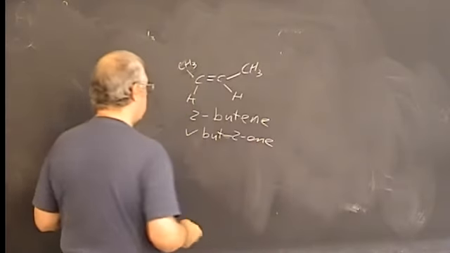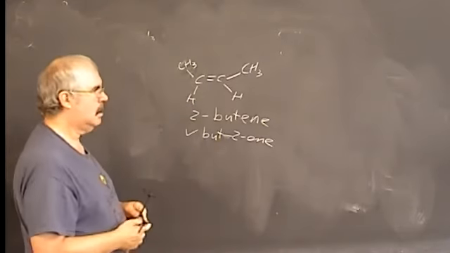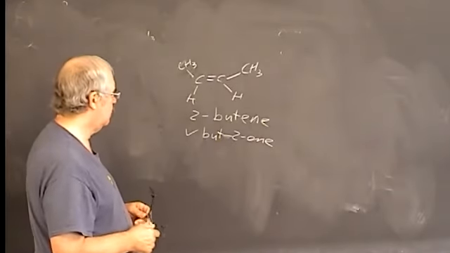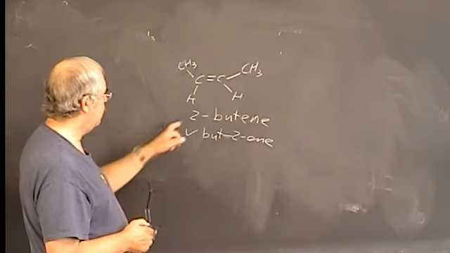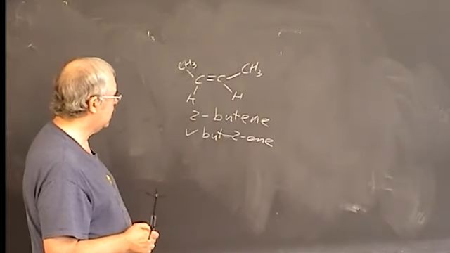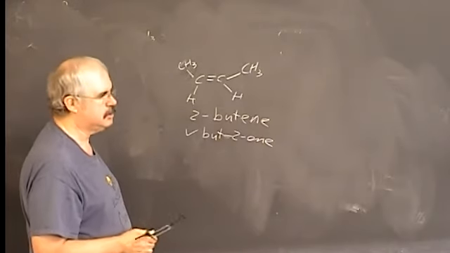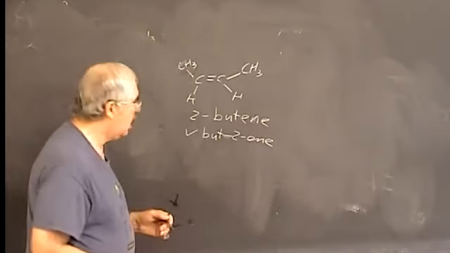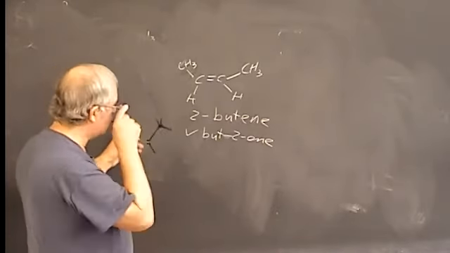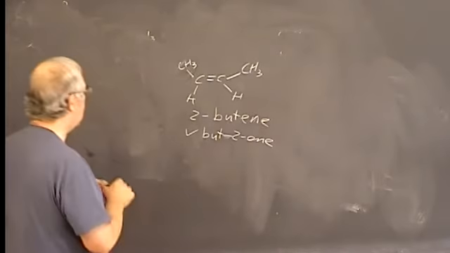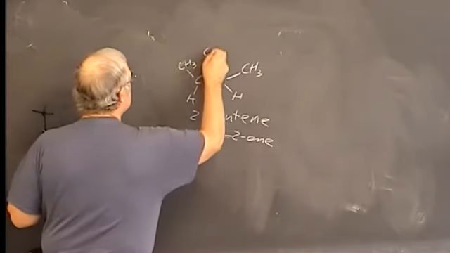Okay, this is the newer method, where we say 2-butene. You'll see this a lot in the literature. Some textbooks even still refer to it as 2-butene. All right, there are 2 geometric isomers for 2-butene. This one is the cis.